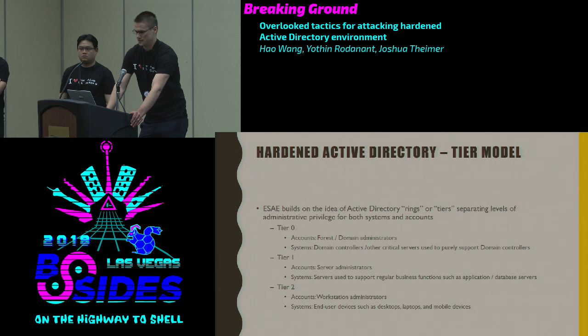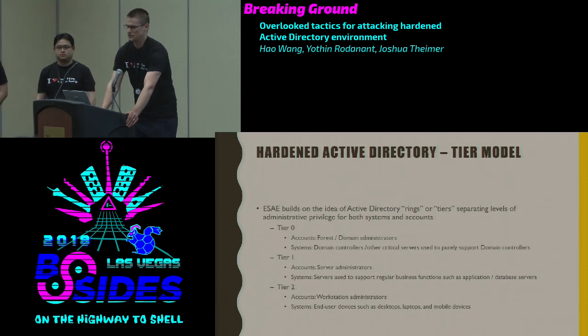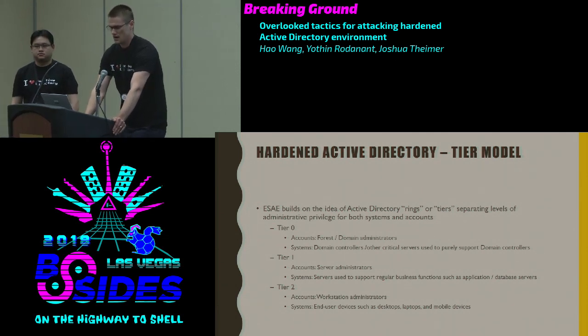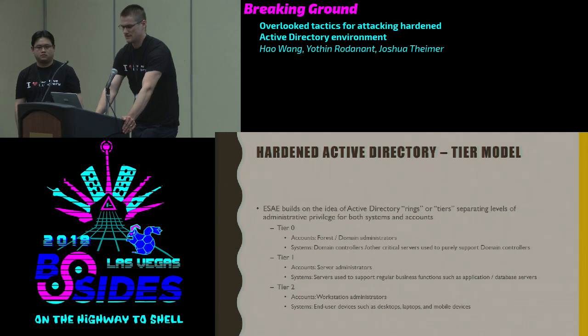The first is tier 0, where we're talking about those that have administrative access over the forest, domain administrators, domain controllers, anything that would allow for forest or domain-wide compromise. Tier 1 is usually server admins, applications, and cloud admins. And then tier 2 is focused on workstation administrators.